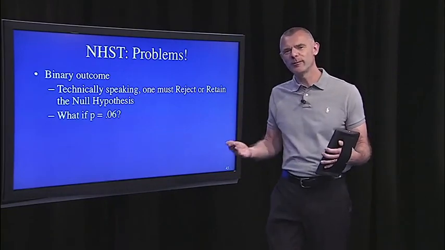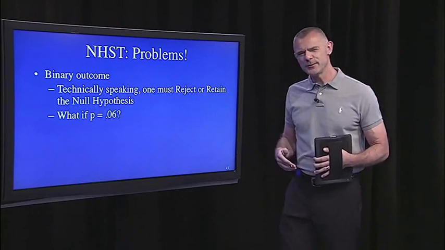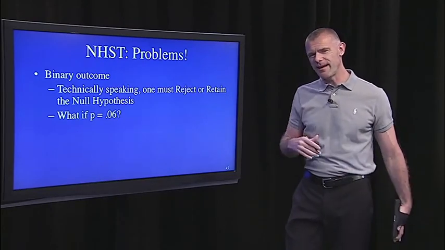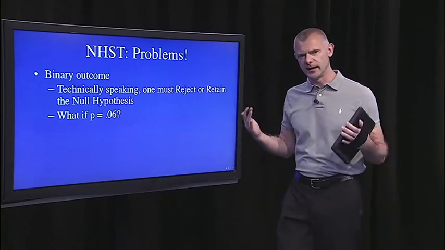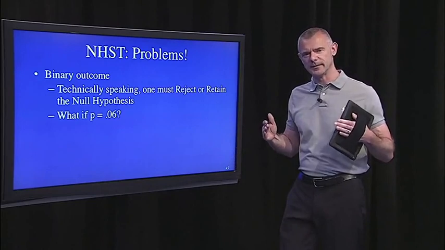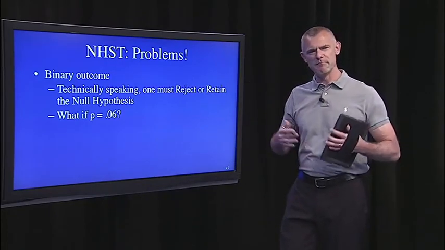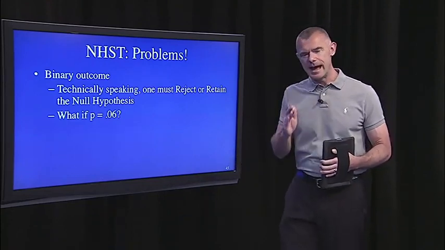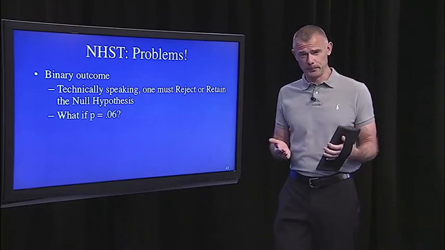And what normally happens in that case in real research is we use this phrase that really is meaningless, but everyone uses it. We say, it was marginally significant. That doesn't mean anything technically in null hypothesis significance testing. It's either significant or it's not significant. It can't be marginally significant. So if p is 0.06, technically you should retain the null and you can't claim a significant result.